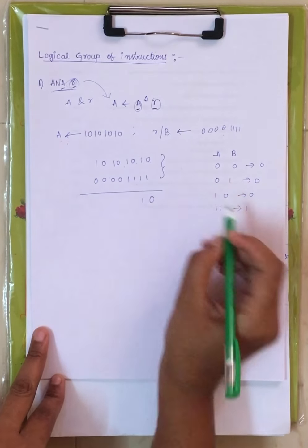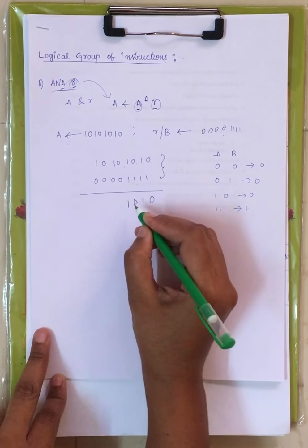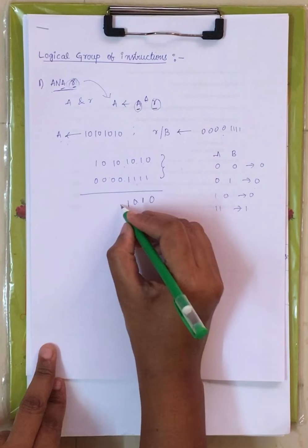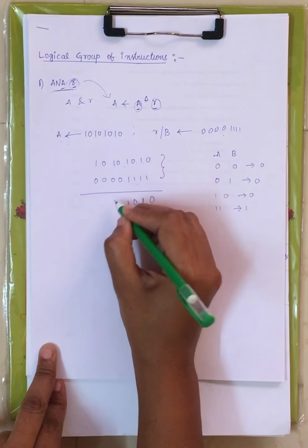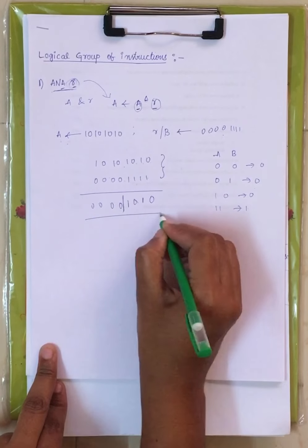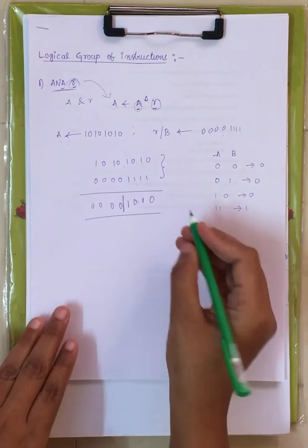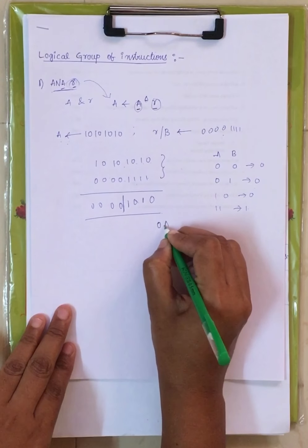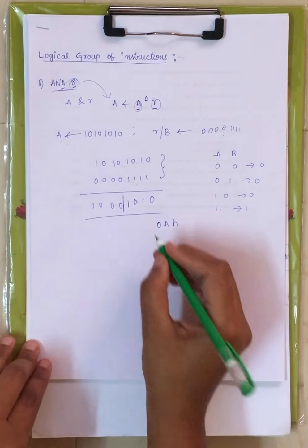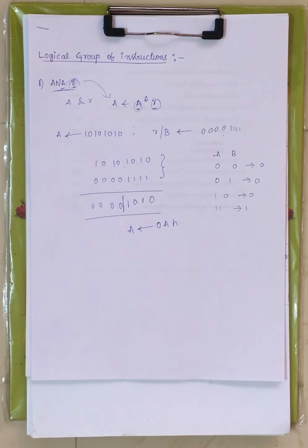For 0 0, output is 0, and for 1 0, it is 0, giving 0000 1010. Now convert this binary form into hexadecimal form, which is nothing but 0AH, right? This content is stored in your accumulator register.